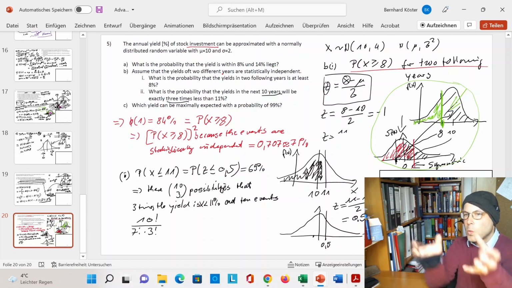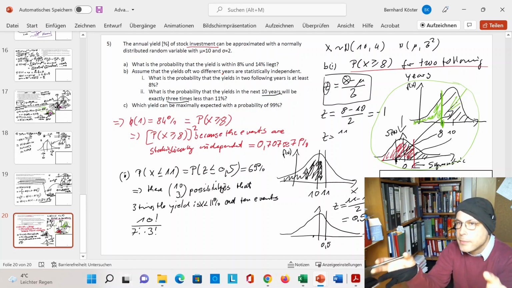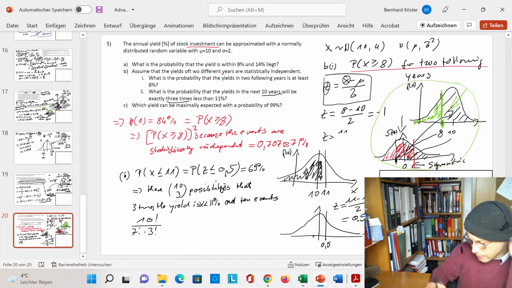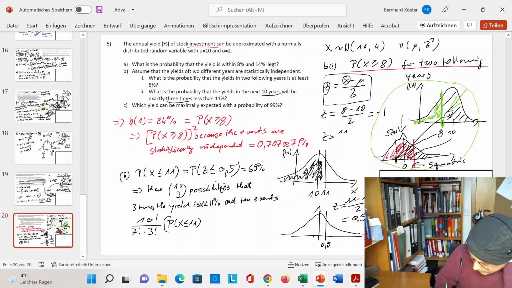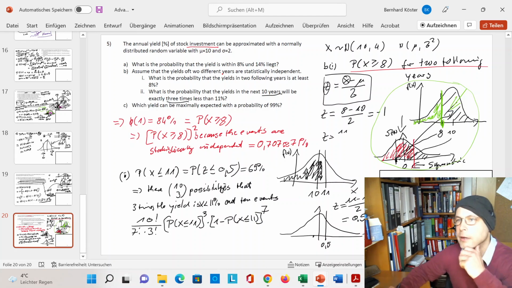And now out of 10 means, of course, the probability of x smaller than 11 to the power of 3 times 1 minus probability x smaller than 11 to the power of 7. This you know from the binomial distribution.